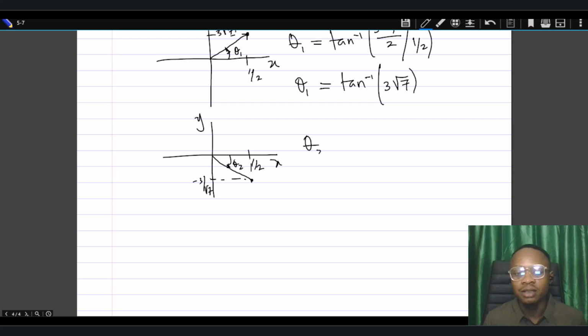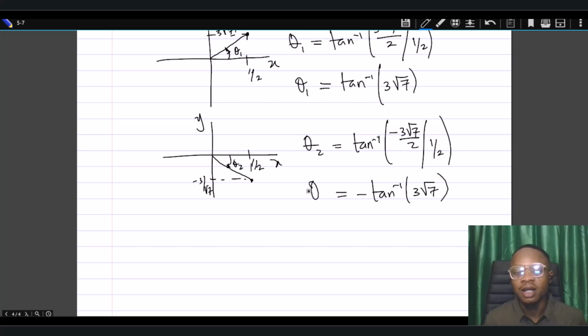So here we see that theta 2 is equal to the tan inverse of y. Our y is minus 3 root 7 divided by 2, then divided by x, which is 1 over 2. So again, we have the tan inverse of that, which is just the negative of the tan inverse of 3 root 7 that we have up there. So the argument of this will be negative, okay?